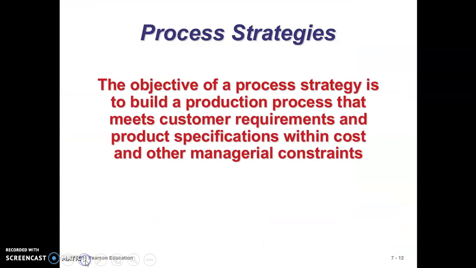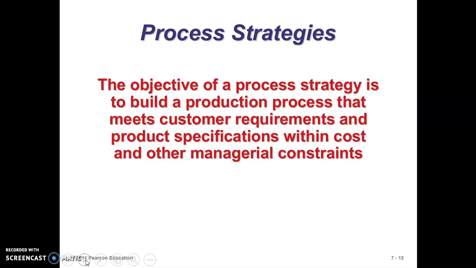Okay, so the process strategies: why do we need to have a strategy in our process, in our production? The objective of the process is to build a production process that meets customer requirements and product specification within cost and other managerial constraints.